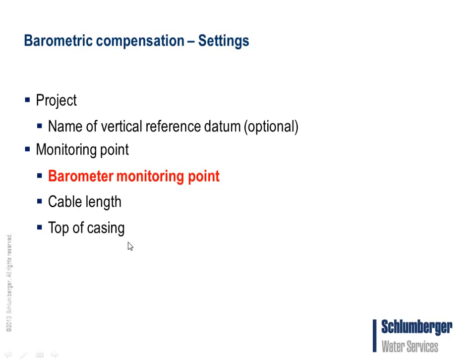Then, depending on the method you choose, if you choose the left option, the water column above the diver, you don't need a cable length or a top of casing value. If you use the center option, depth to water, then you need to enter a cable length or a manual measurement. And if you use the right option, water level with respect to sea level, then you need also to enter a top of casing value.